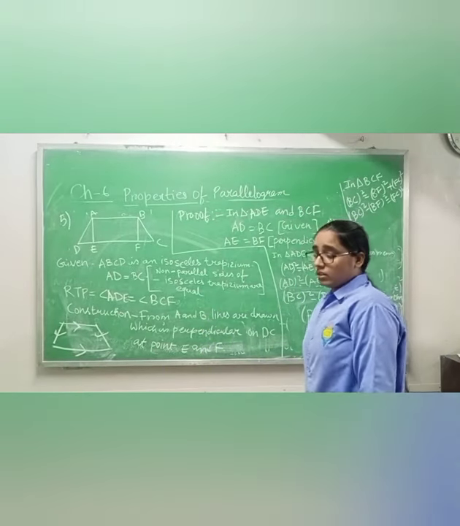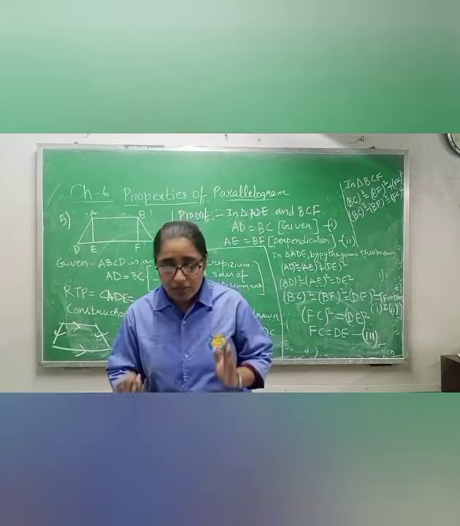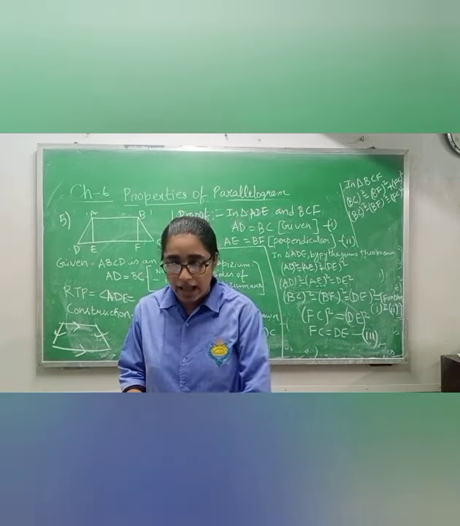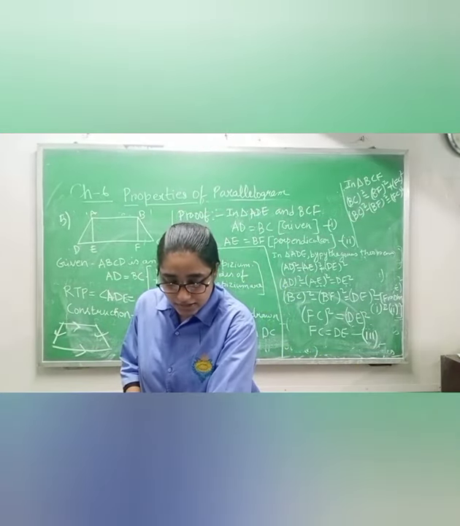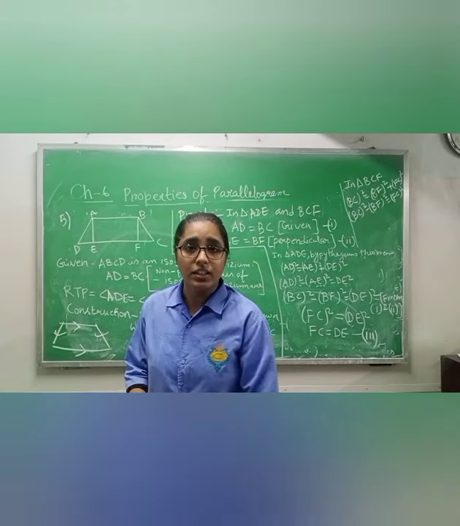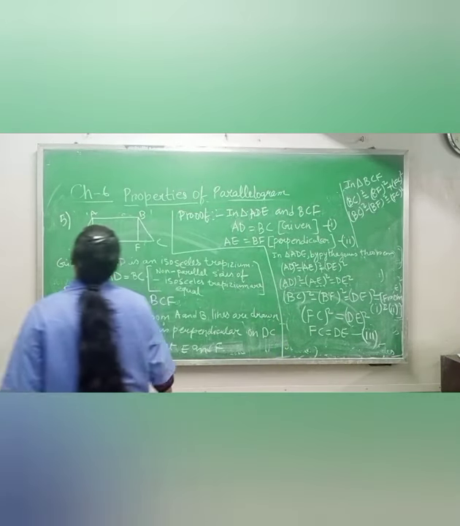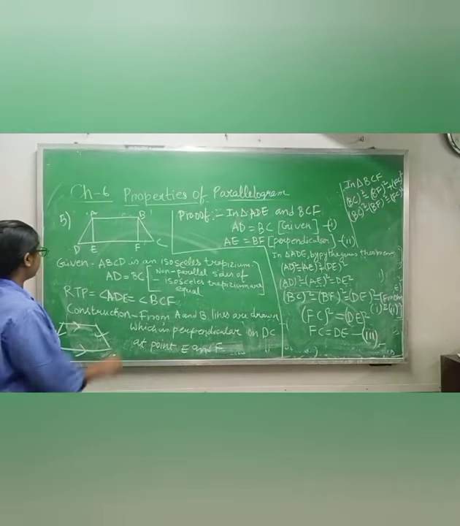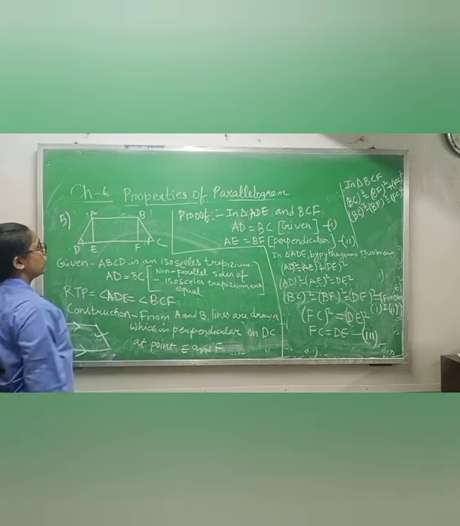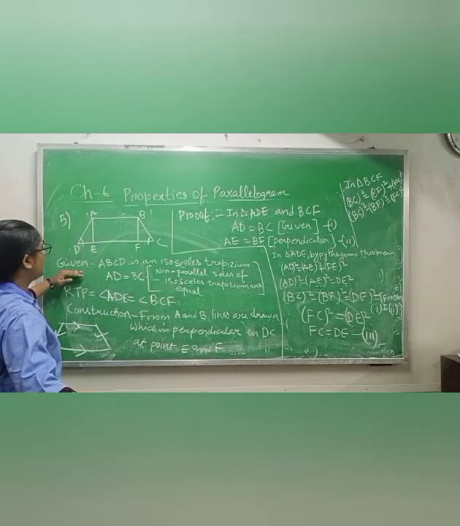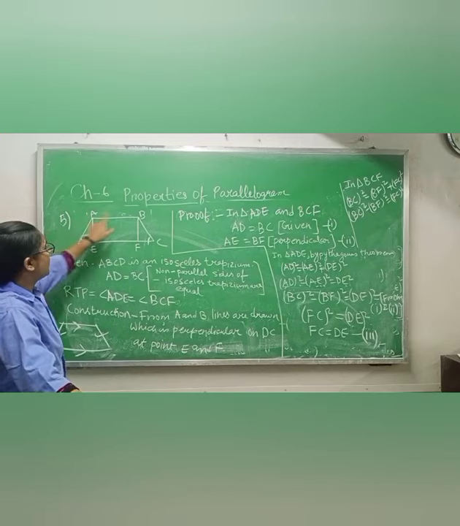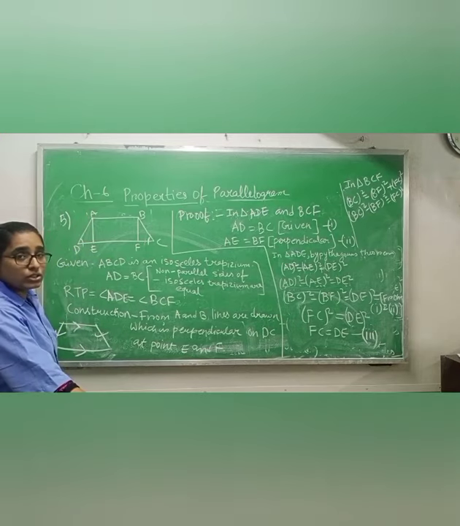Now they are saying what? One isosceles trapezium is there, and we have to prove the angles adjacent to any parallel sides are equal. Now see, we have to prove that angle D and angle C both are equal. Why am I telling you? In the given part, it is given that ABCD is an isosceles trapezium.